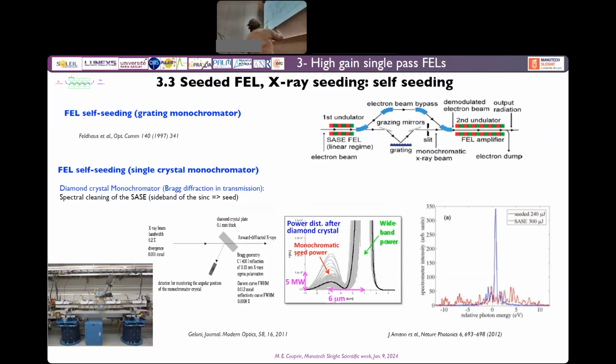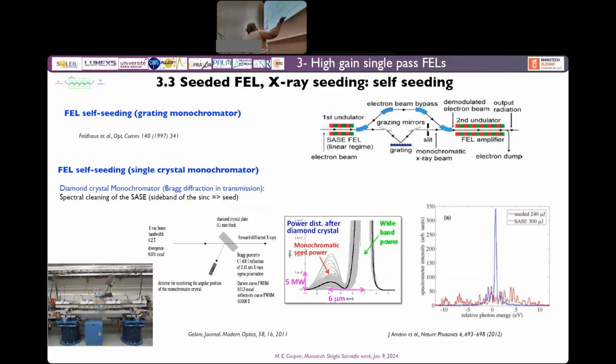So the idea is to use this as a seed with a long series of undulators. The experiment was first done at LCLS. They removed one undulator segment and replaced it by this Bragg crystal monochromator that you see here, with the electron chicane for deviating the electrons and putting them back.